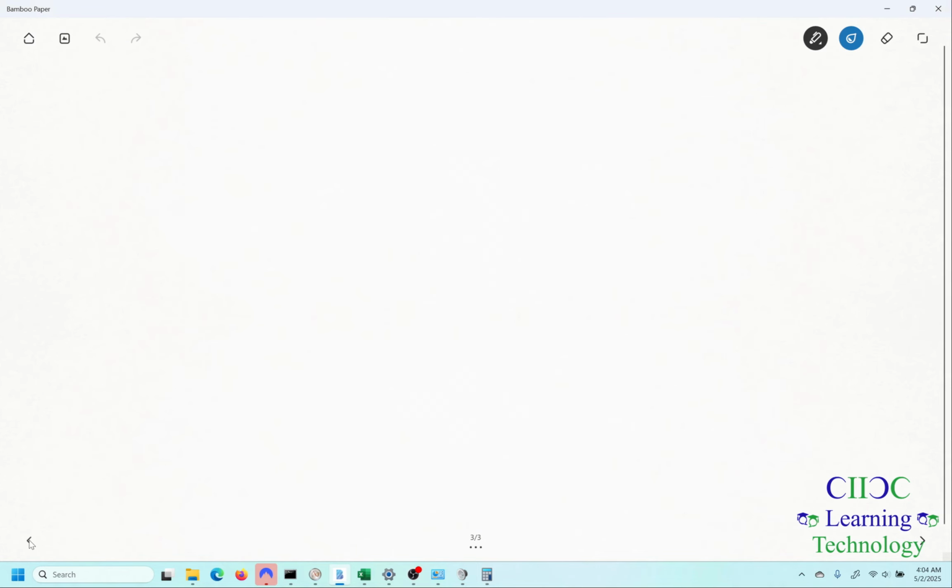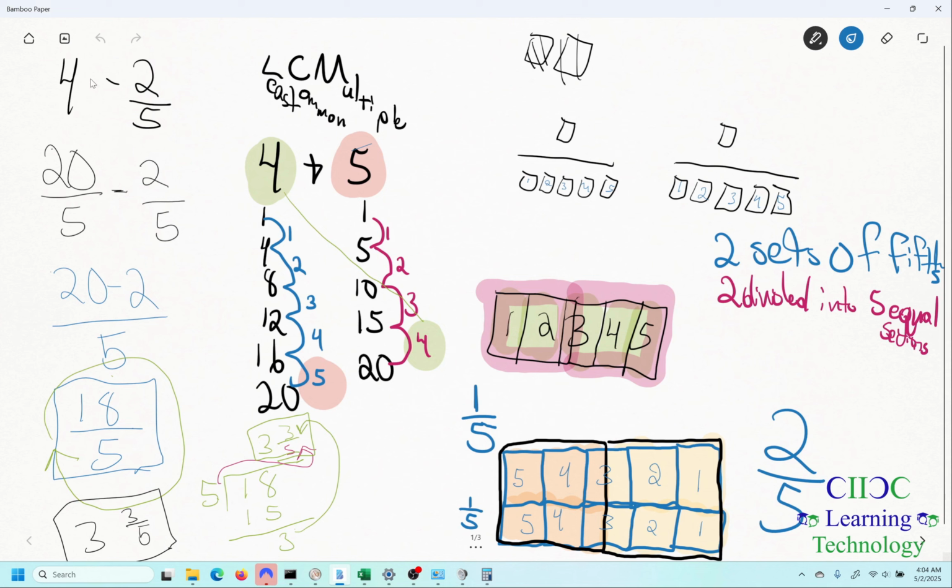So again, just to recap, we started off with 4 minus 2/5. Wanted to look at the 2/5 and talk about the fact that we've got our numerator and our denominator. I drew 1/5 and another 1/5 because we had 1 represented here with blocks, and 5 being the denominator. So in other words, we were trying to divide this 1 into 5 equal parts.